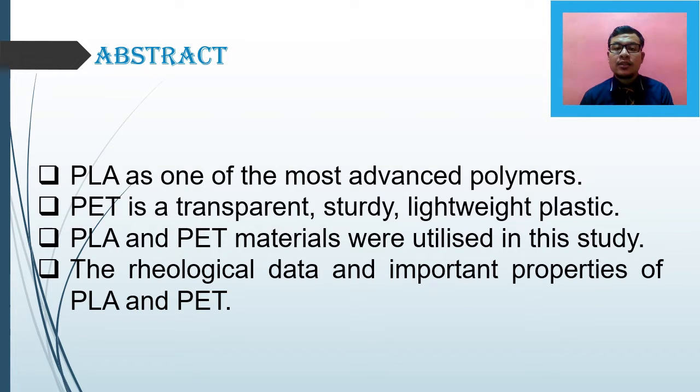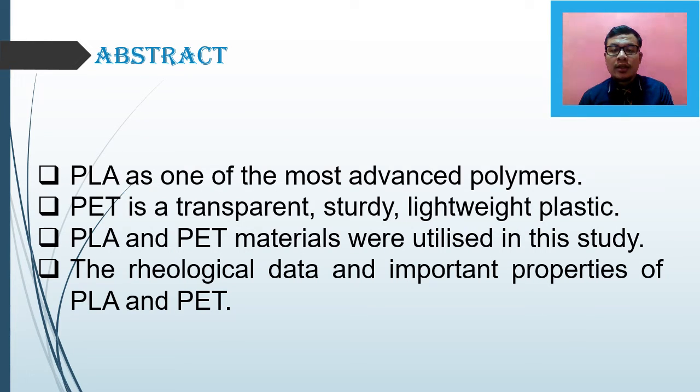Okay, first part of this slide is abstract. PLA has become the attention as one of the most advanced polymers being explored for a variety of applications such as regenerative medicine and tissue engineering, while PET is a transparent, sturdy, lightweight plastic frequently used to package food and beverage.